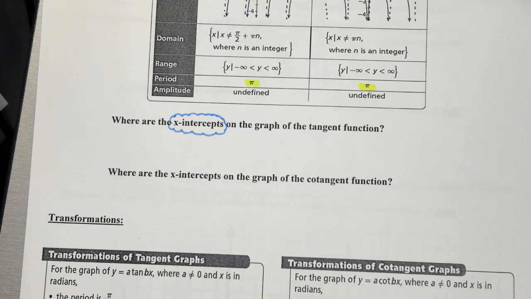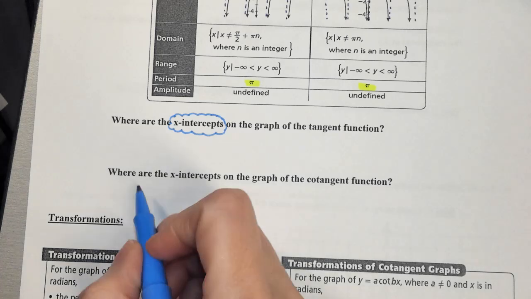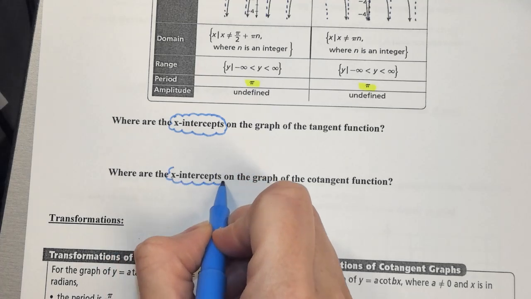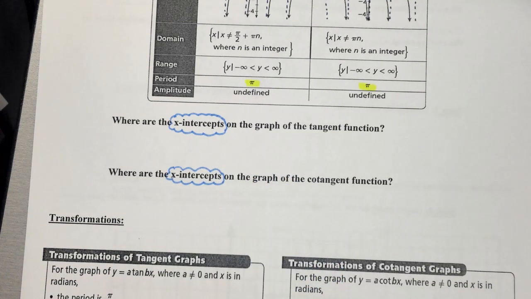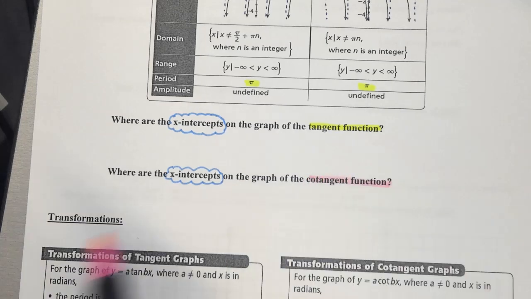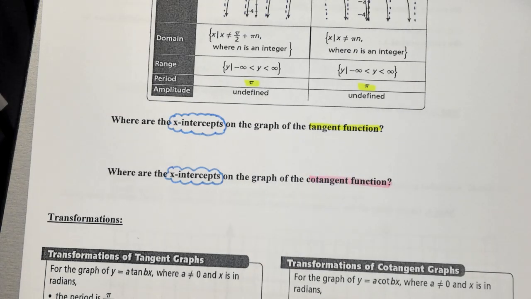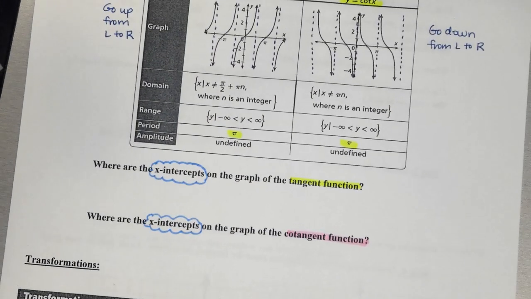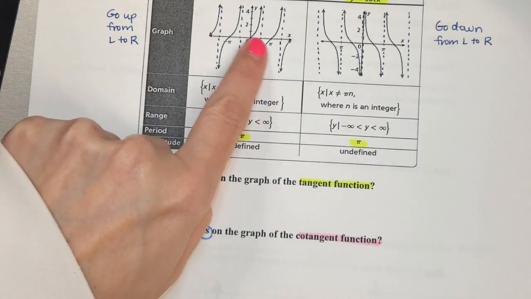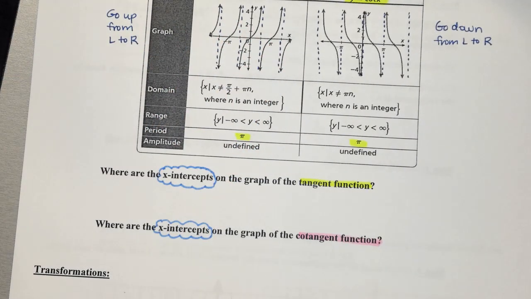So go ahead and label the 4 for part 2. What are the x-intercepts on the graph of cotangent? If you need some help, we are just looking here at the x-intercepts and we're just labeling those.